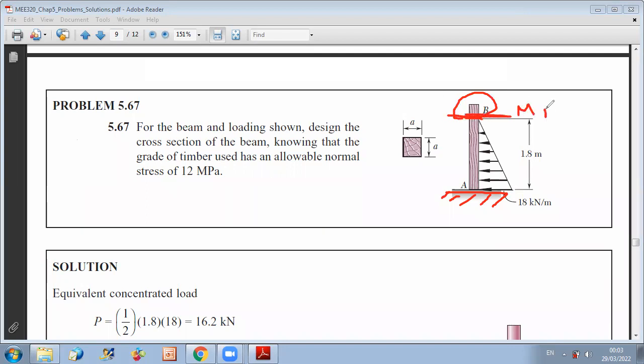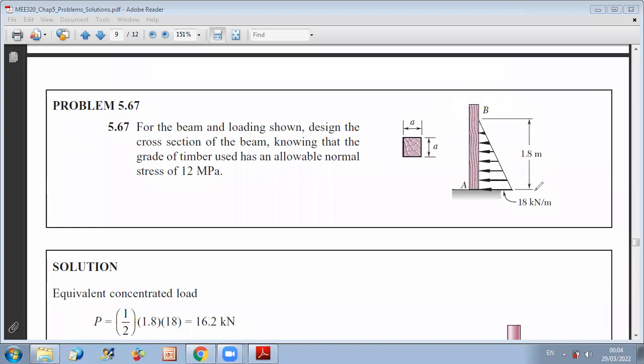So the bending moment at B is 0. And if you do a small figure, you can see that the larger the distance from B, if you do a section, the larger will be the bending moment. So you can say that the maximum bending moment is taking place at A. Therefore, no need here to draw a diagram.